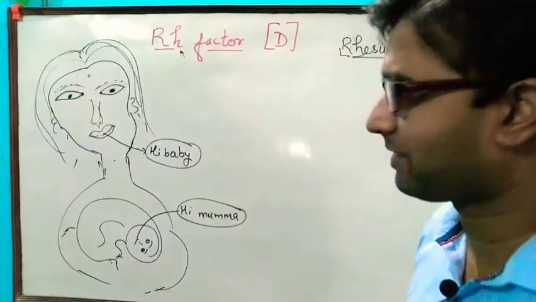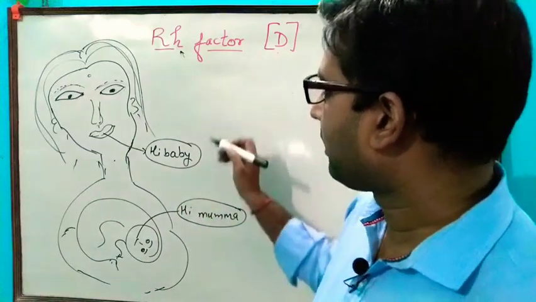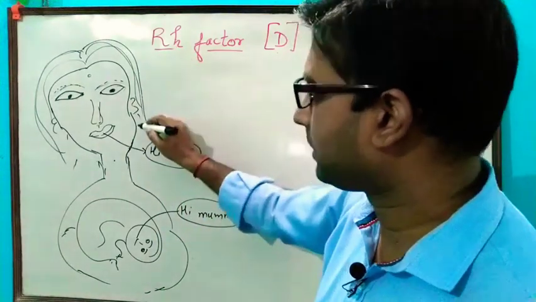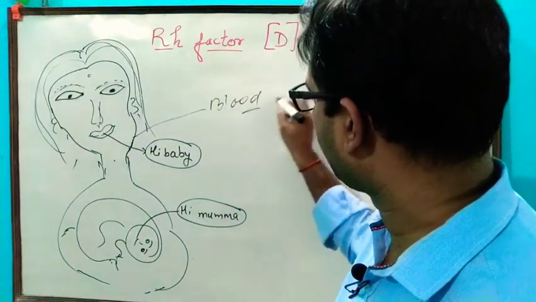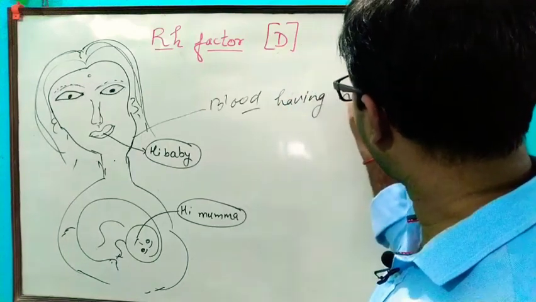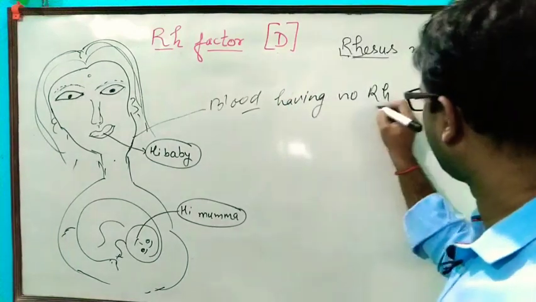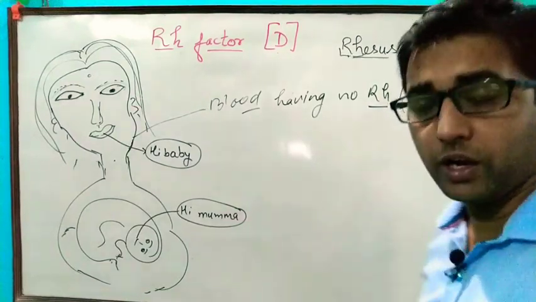Just look at the picture. I just tried to make it a bit funny. This is the mother, and the mother's blood has no Rh factor. Simply it means the mother is Rh negative.